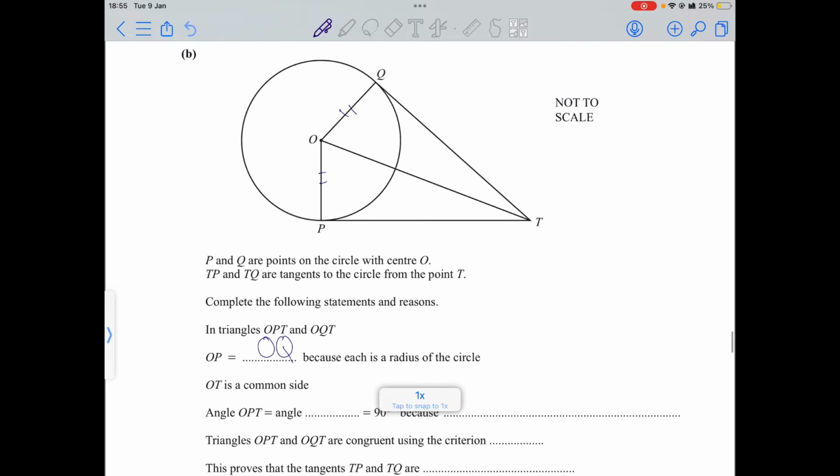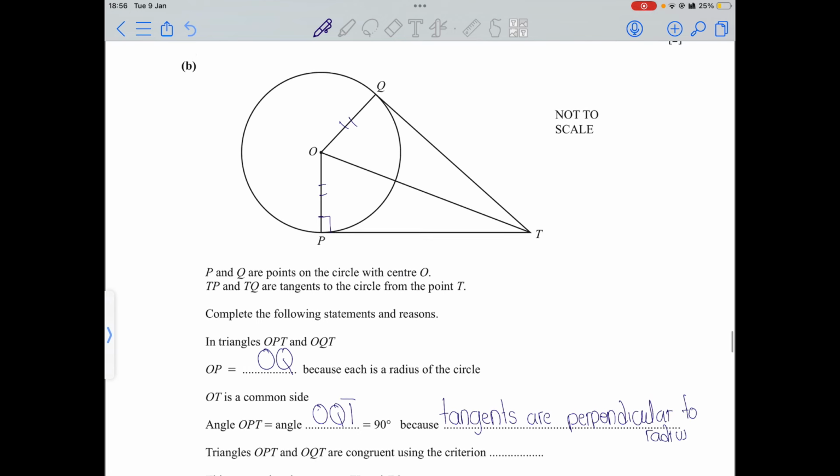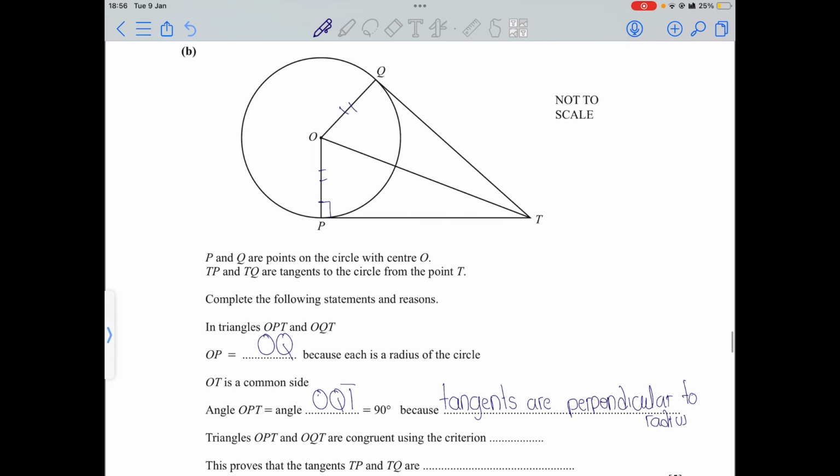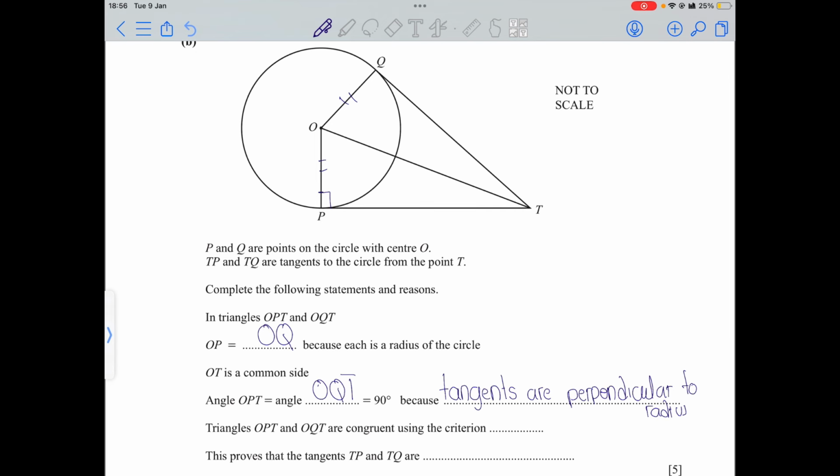Angle OPT is equal to angle OQT, which is 90 because tangents are perpendicular to the radius. Once you have figured that out, angle OPT and angle OQT are equal.